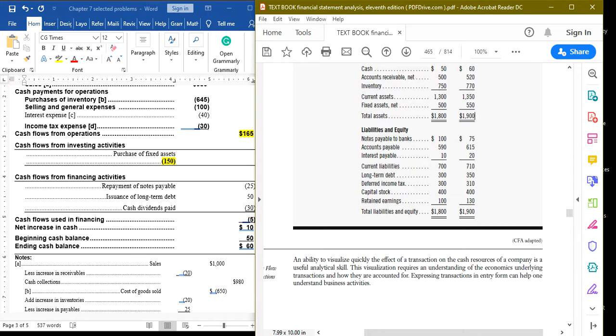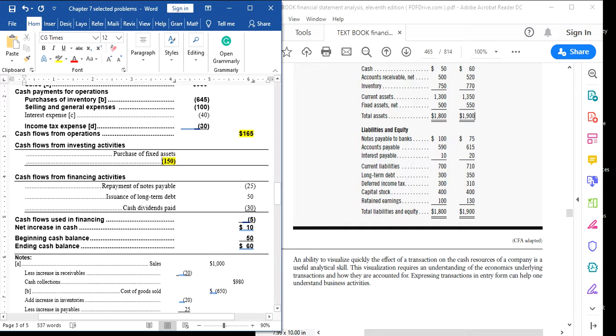So this number is obtained from the change in fixed assets actually. So this amount anyway have been paid to purchase fixed assets.